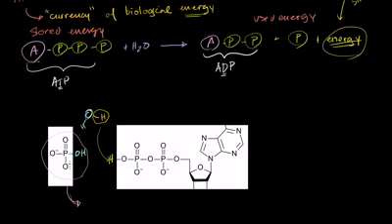So if you imagine that this oxygen right here has an extra electron with it, that extra electron could come down here and form a double bond with the phosphorus. And then this electron right here can jump back up to that oxygen. And that could happen on this side and on that side, and I won't go into the details, but that's another reason why it makes it more stable. If you've already taken organic chemistry, you can appreciate that more. But I don't want to get all into the weeds.